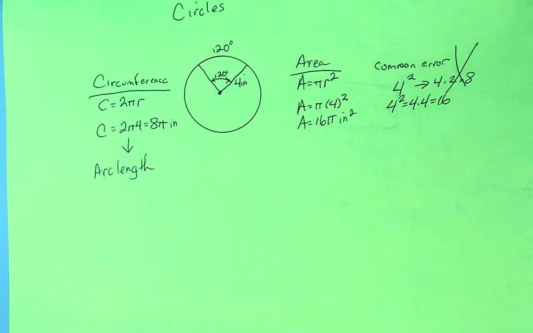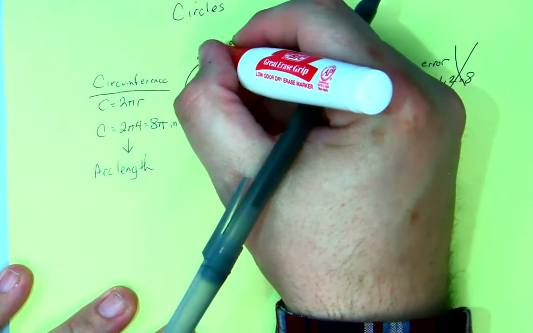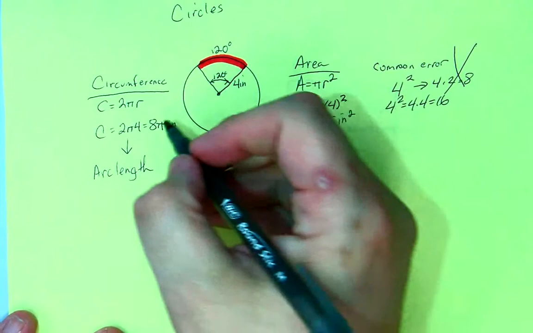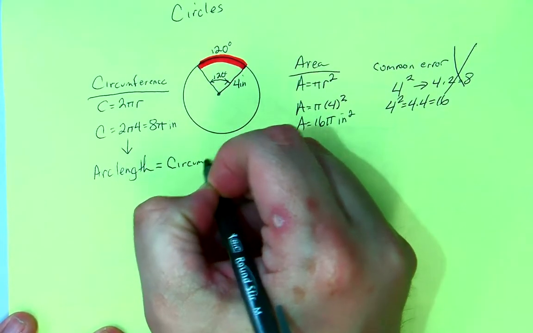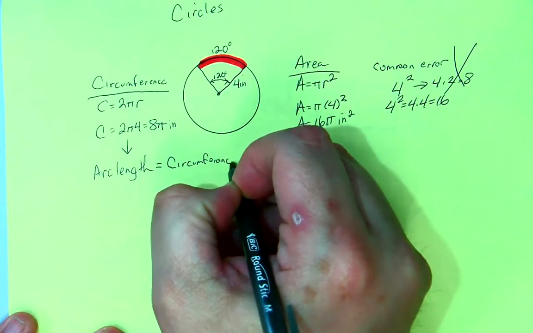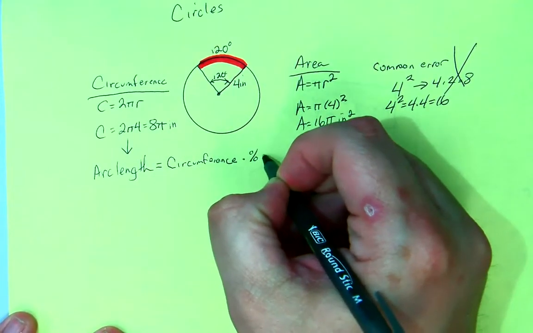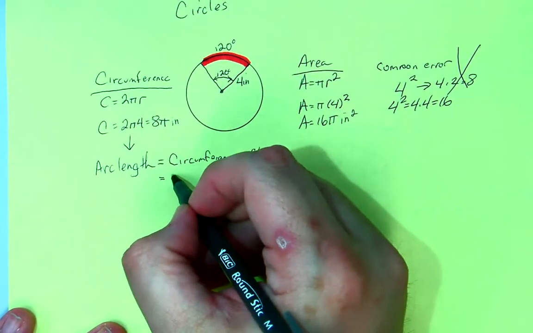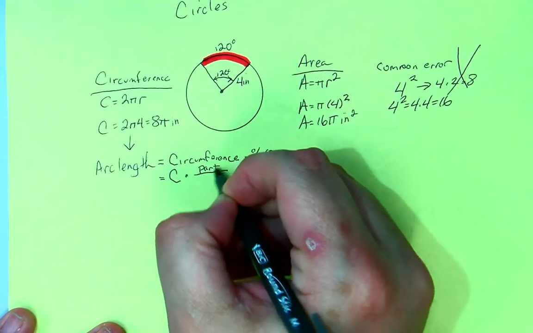With arc length, we are dealing with that value, and arc length is going to be equal to the circumference times the percentage of the circle that we're looking for. So this is the circumference times the part divided by the whole.